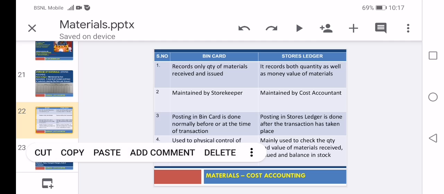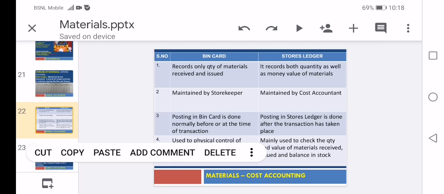Quantity, which is also there in the bin card, but the other 2 columns, unit rate and amount, are also recorded in the stores ledger. Means the quantitative aspects and the monetary aspects both are available in the stores ledger. That is a major difference between the bin card and stores ledger.